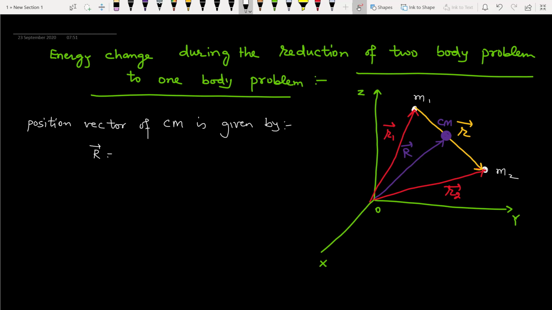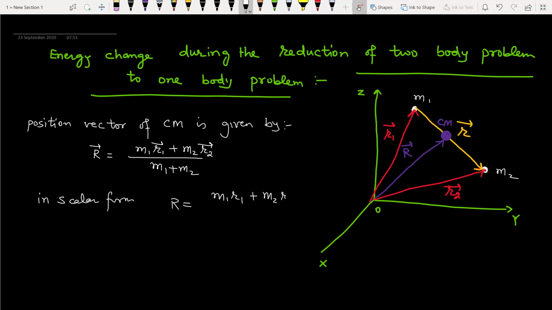You can also write it as COM. This is a simple notation; you can choose any one of these two. In scalar form, or in magnitude, it is m1 r1 plus m2 r2 over m1 plus m2. We mark this as equation number 1.